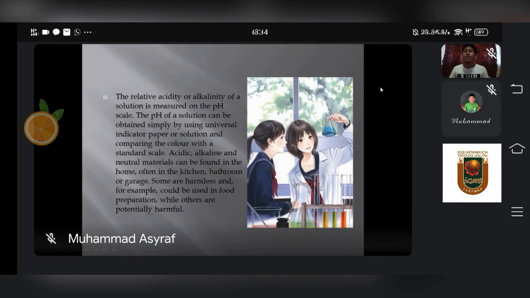The pH of a solution can be obtained simply by using universal indicator paper or solution and comparing the color with a standard scale. Acidic, alkaline and neutral materials can be found in the home, often in the kitchen, bedroom, or garage. Some are harmless and, for example, could be used in food preparation, while others are potentially harmful.